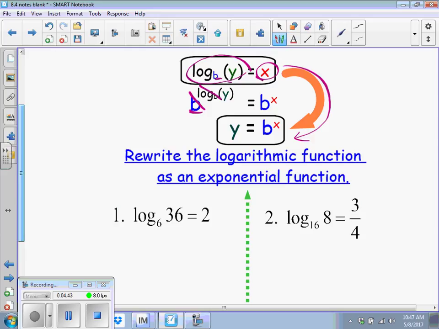The base for this log is the same thing as the base for the exponent. Whatever the log equals is the exponent that belongs to that base. So we say b to the x power equals y. You don't have to go through this whole long process when you're going from logs to exponentials. You can just look at the base for that log.